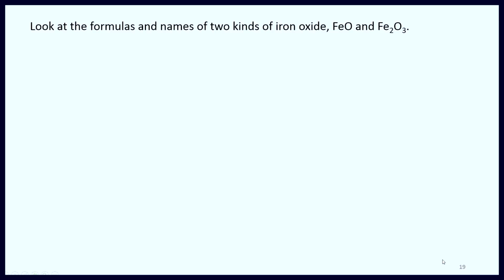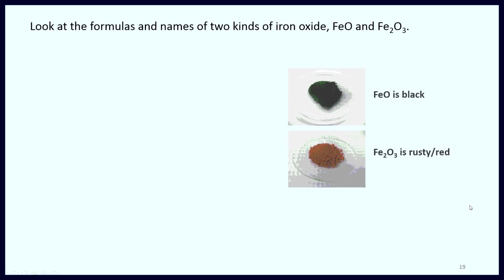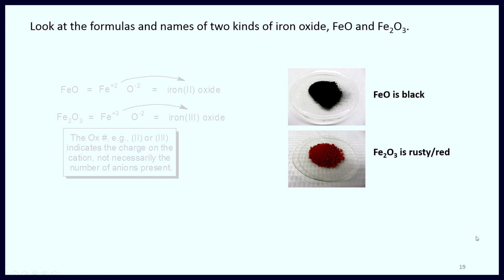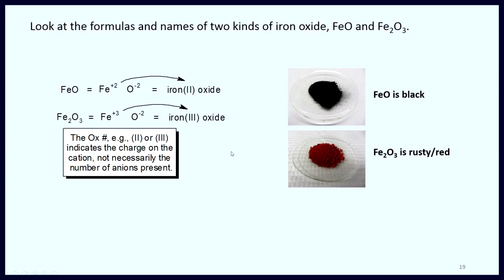Look at the formulas and the names of 2 kinds of iron oxide. There's FeO and Fe2O3. Now FeO is black, and Fe2O3 is a rusty red color. Here again, look at the oxidation numbers and look at the names and the formulas.